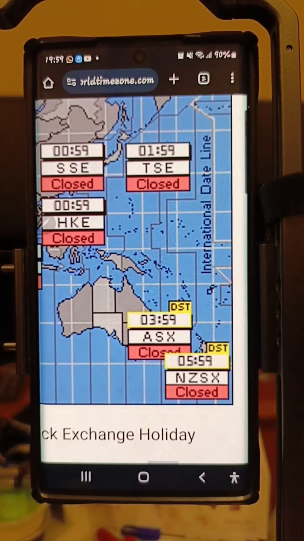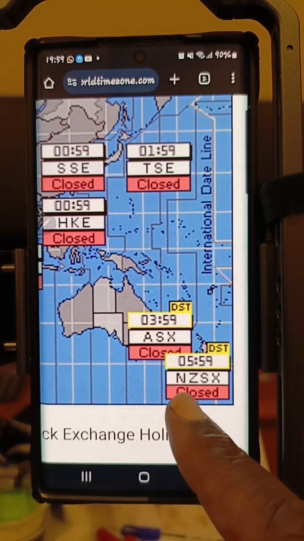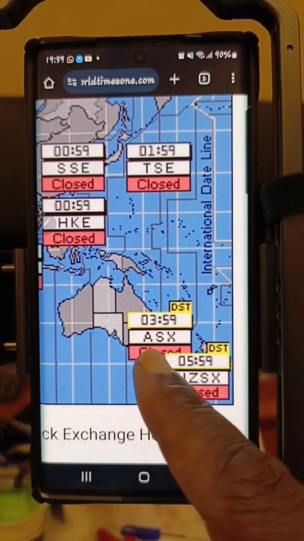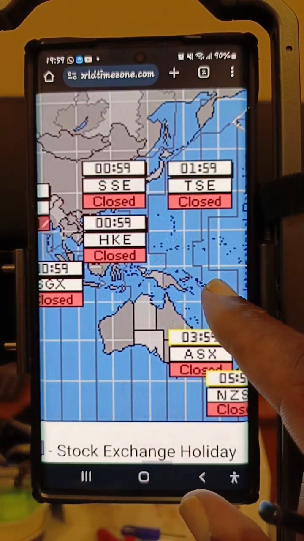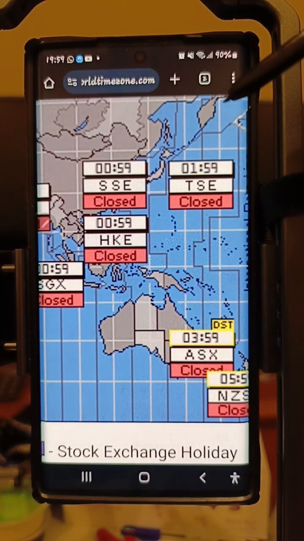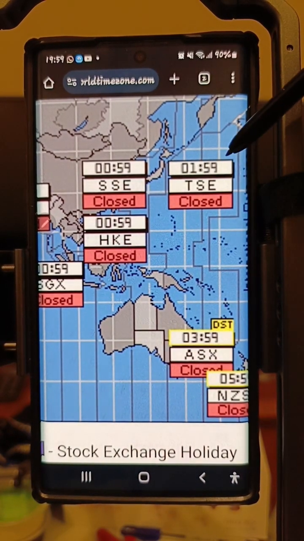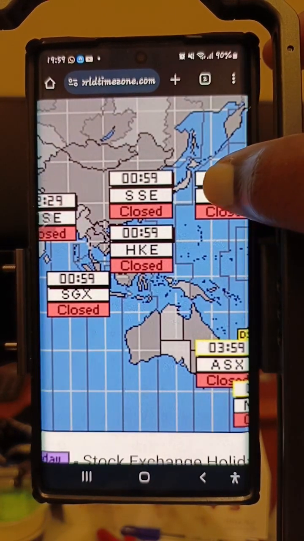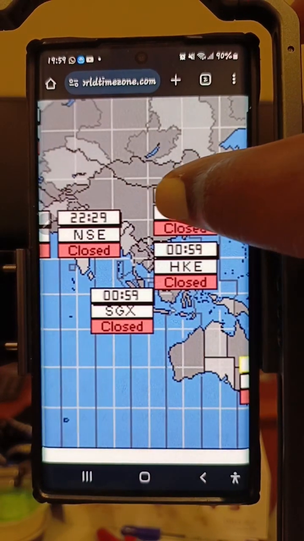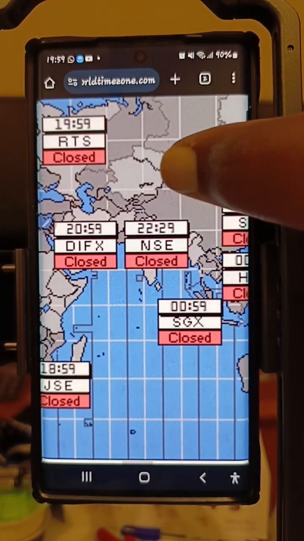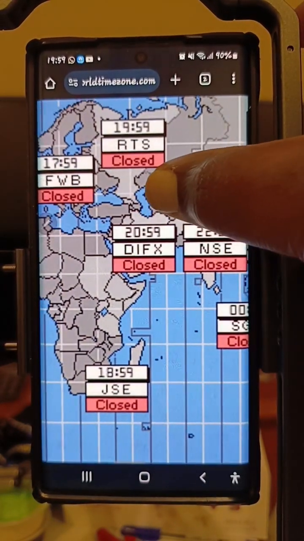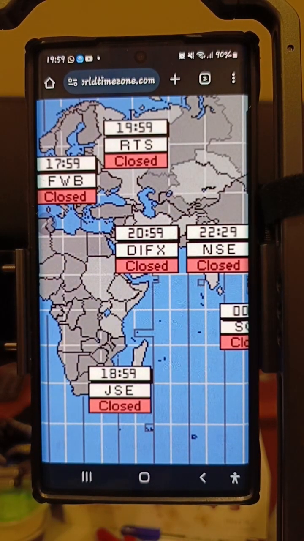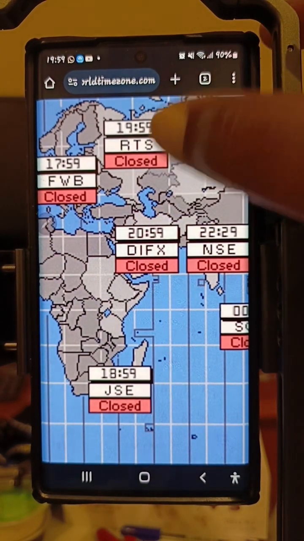For example, this is New Zealand, then you've got the Aussie, and I think that's the Asian, Hong Kong, that is the Japanese, that's the Yen. So this is what I use to track the market across the timing, and I use this depending on what time I'm trading.